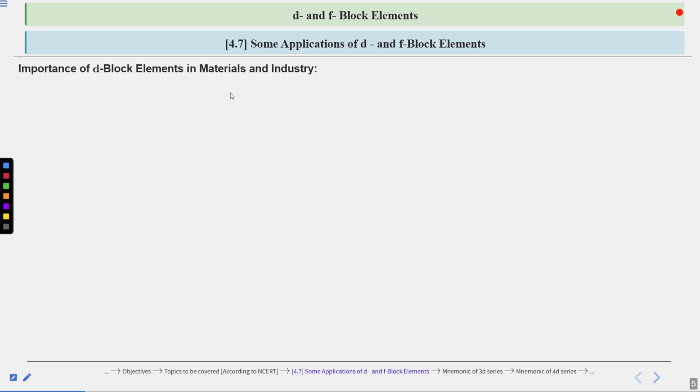So let's begin with our first topic, that is 4.7, some applications of D and F block elements. The importance of D block elements in materials and industry. Industrially, how are the D block elements important? First of all, iron and steel.